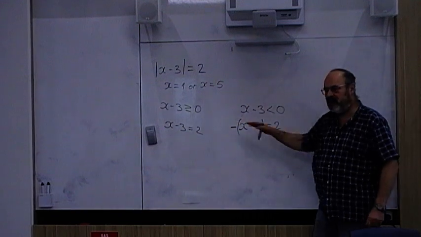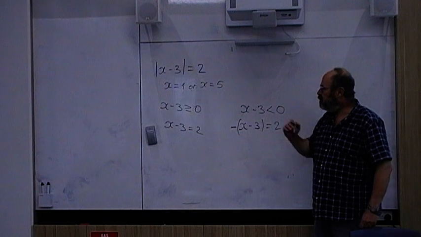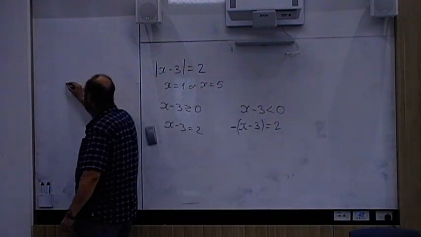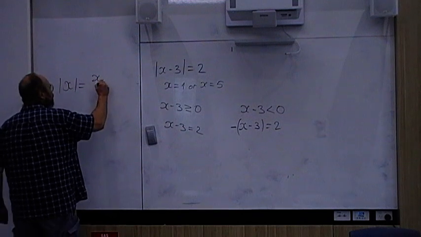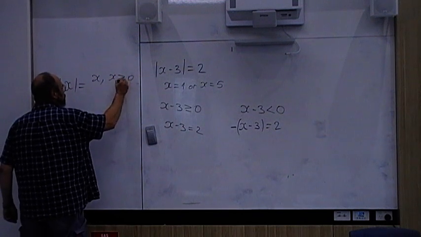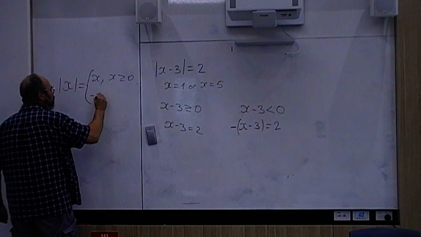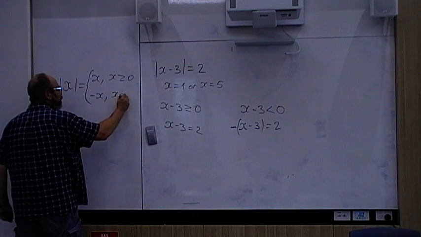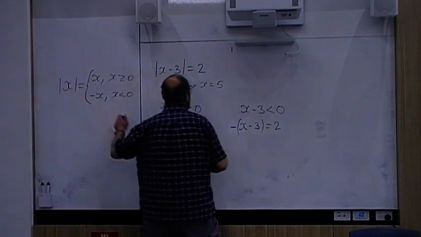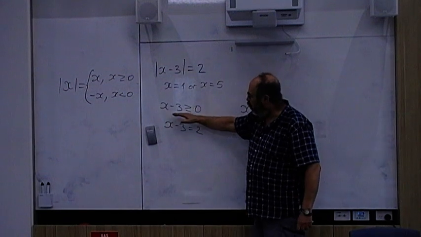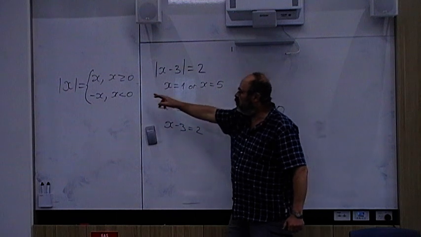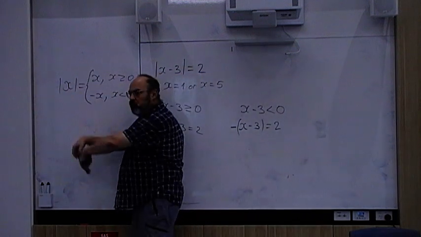Does that make sense? Again, modulus of x equals x when x greater or equal 0, or it's equal minus x when x less than 0. What is inside the modulus? We have x minus 3. When it's greater or equal 0, we just drop the modulus sign.